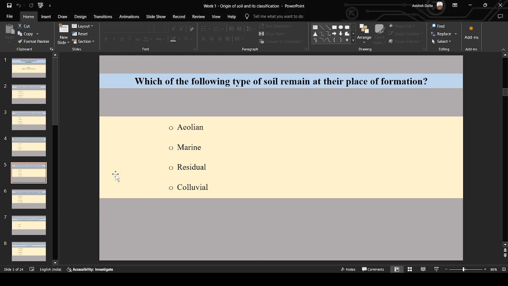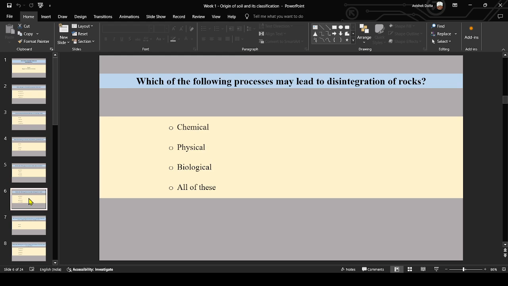Next question. Which of the following processes may lead to disintegration of rocks? Your options are chemical, physical, biological, or all of these.